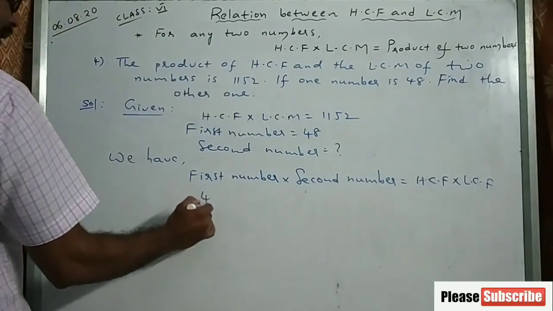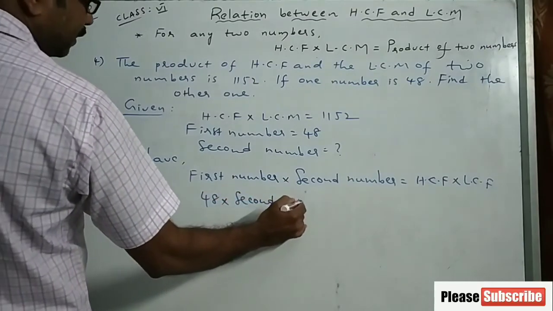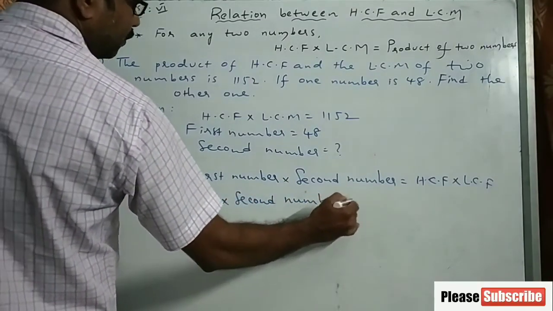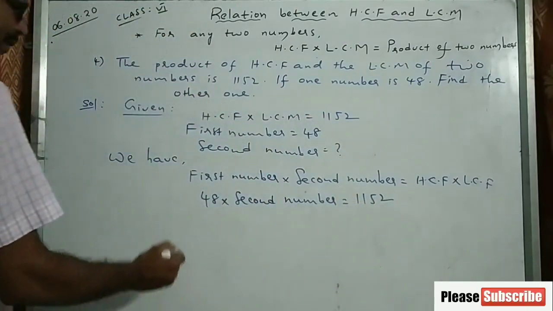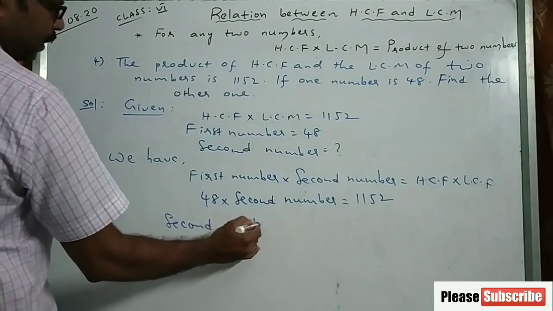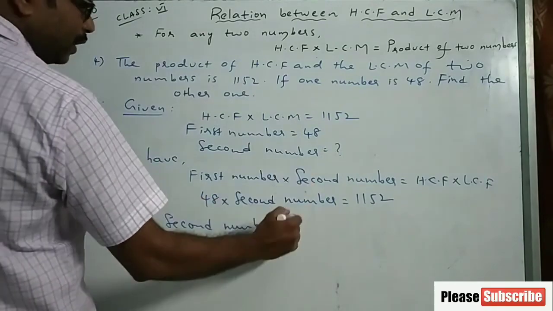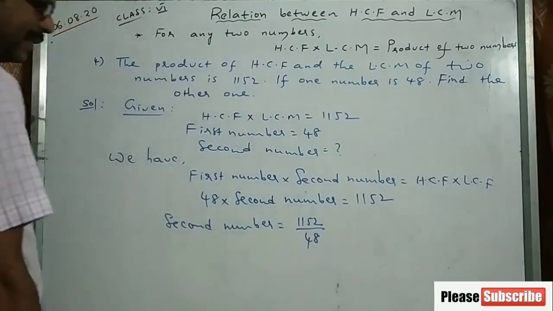What is the first number here? 48. I want to find the second number, equal to HCF into LCM, directly it is given 1152. Now I want second number. How do you find second number? Send 48 that side. 1152 by 48.